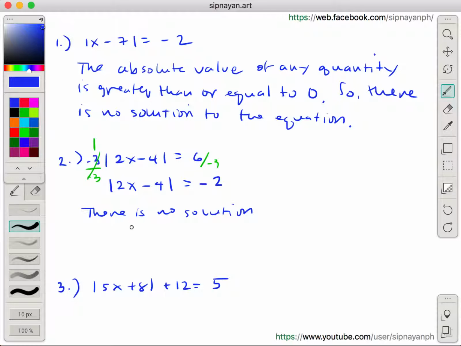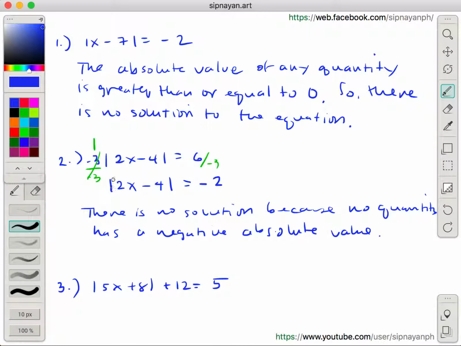It should be equation or equality. So there is no solution because no quantity has a negative absolute value. No? So, walang quantity na ang kanyang absolute value ay negative.